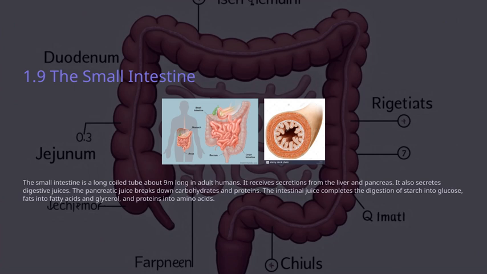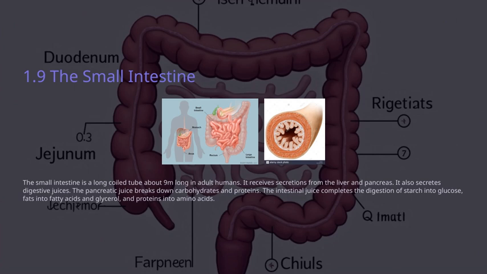For example, the pancreatic juice contains enzymes that specifically target carbohydrates and proteins, breaking them down into simpler forms. Meanwhile, the intestinal juice works further to digest starch into glucose, fats into fatty acids and glycerol, and proteins into amino acids. This step-by-step breakdown is vital because it allows our bodies to absorb nutrients efficiently.